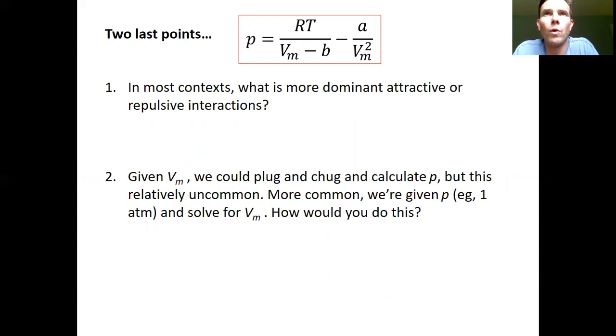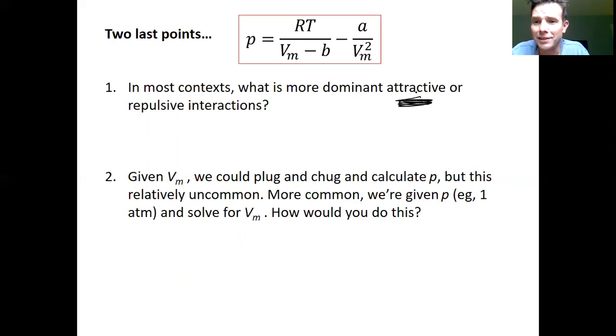And one thing I've found is that students often are confused about attractive and repulsive forces. So in most chemical contexts, which is more important or more dominant, attractive or repulsive interactions? And it may or may not be clear to you, but here's the answer.